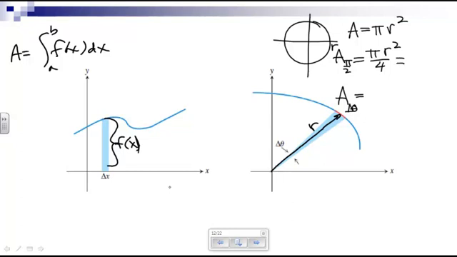This is equivalent to pi r squared times pi over 2 divided by 2 pi. The idea here is that this expression is the 1/4 that Jordan was talking about. I take the angle, divide it by 2 pi, and it gives me the fraction of the circle that I'm dealing with.